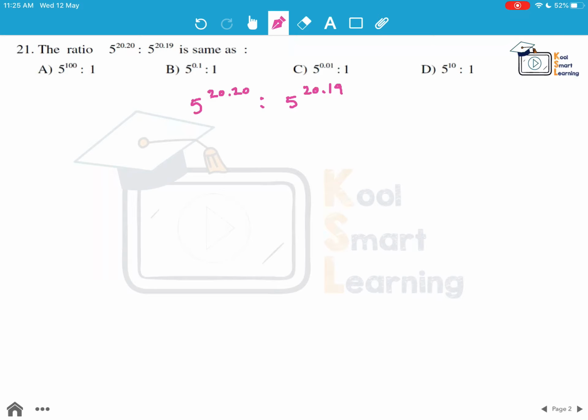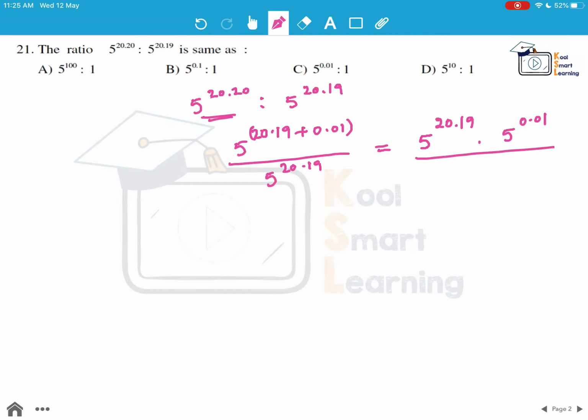Now clearly we can write this as 5 raised to power 20.19 plus 0.01 divided by 5 raised to power 20.19. Now using the laws of exponents, we can write this numerator as 5 raised to power 20.19 into 5 raised to power 0.01, and this is divided by 5 raised to power 20.19.